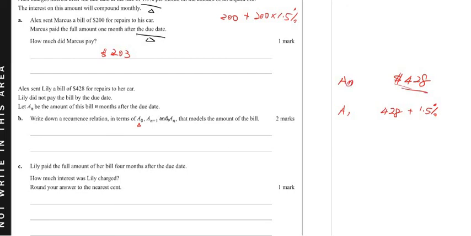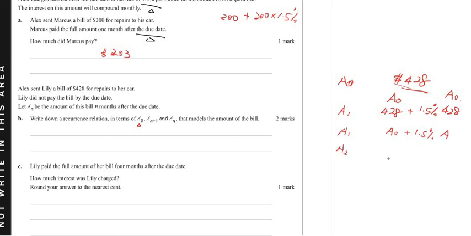Because it asks us to write down the recurrence relationship in terms of that, I'm going to change these 428 in terms of A_0. And here I need to times the 428 as well. So I'm going to represent that as A_0. So it's still A_1 over here. That will be A_0 plus 1.5% of A_0.